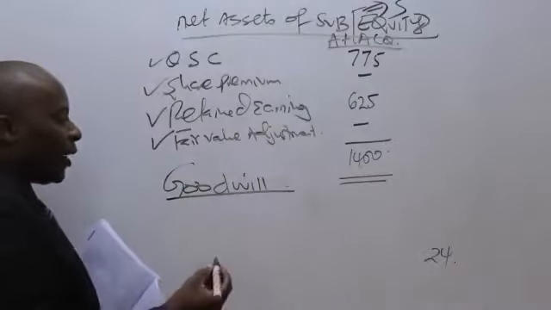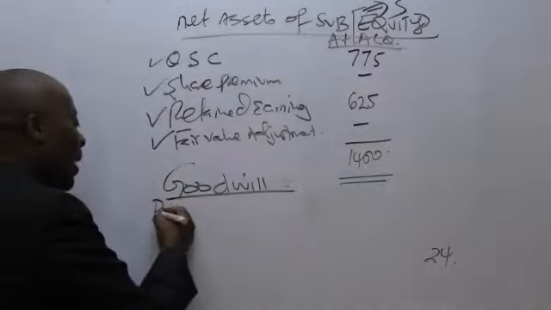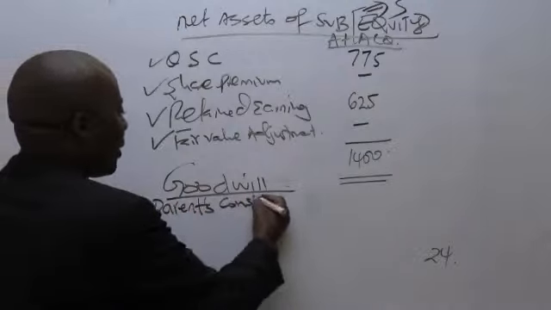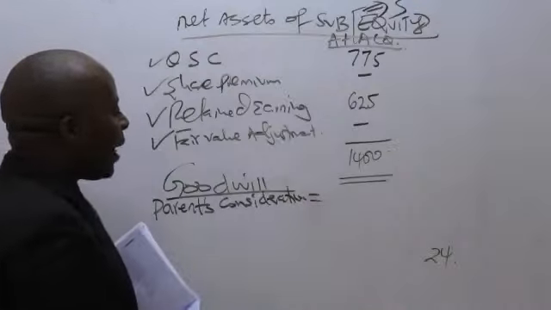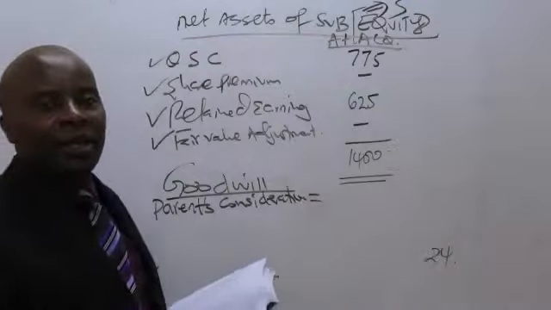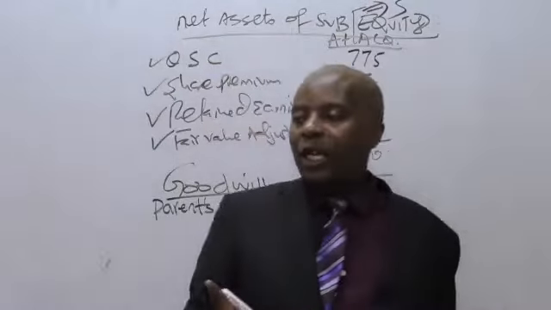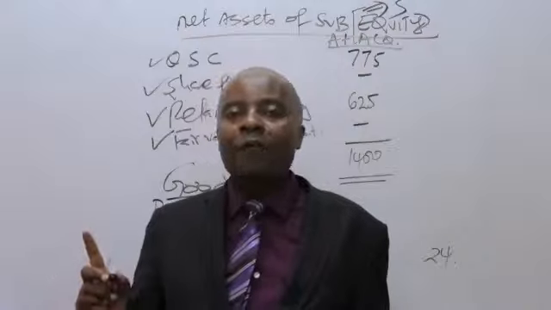So goodwill. Of course nilishakufunza tayari hii. Tukasema utakuja useme parents consideration. Parent alipeana pesa ngapi? Alipeana 600 cash na akapatiana 300 million in the form of a debt.